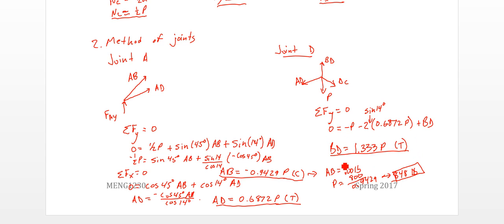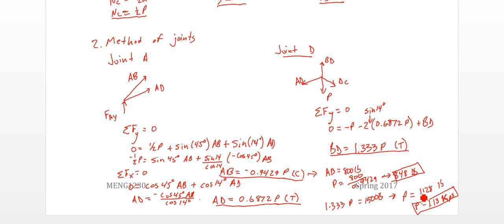Remember, BD is our limiting case. So we have 1.333 P equals 1500 pounds. So in that case, P equals 1,128 pounds. To three significant figures, we have 1.13 kips.